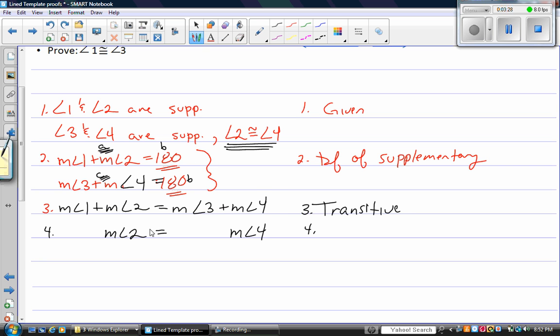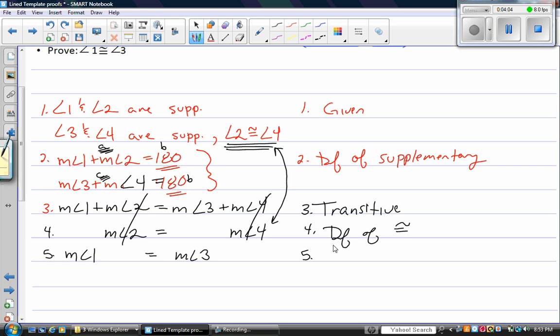What allows me to say the measure of angle 2 is actually equal to the measure of angle 4 follows from that statement right there. Those two go together. If I say angle 2 is congruent to angle 4, then I'm allowed to say the measurement of angle 2 is equal to the measurement of angle 4. That's your definition of congruency, being able to change from congruency to equality. Now that I've said that, I've told everybody, hey, the value on the left is equal to the value on the right. Now you can remove them. So when I remove those things, I'm going to be left with the measure of angle 1 equal to the measure of angle 3.